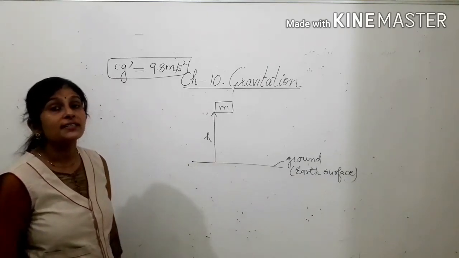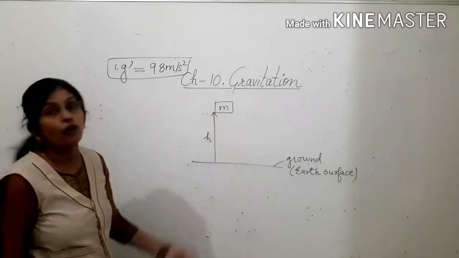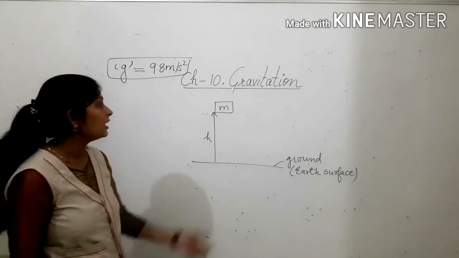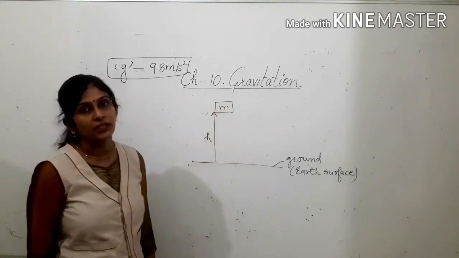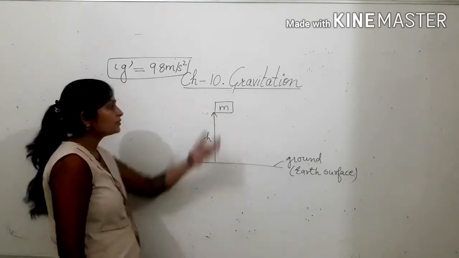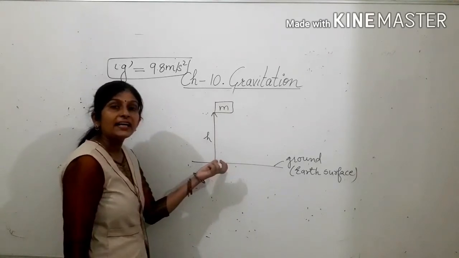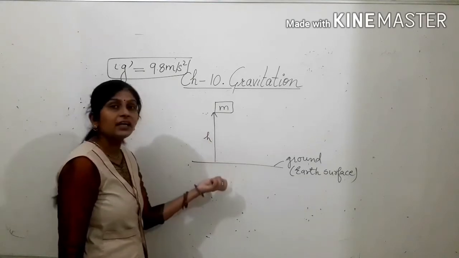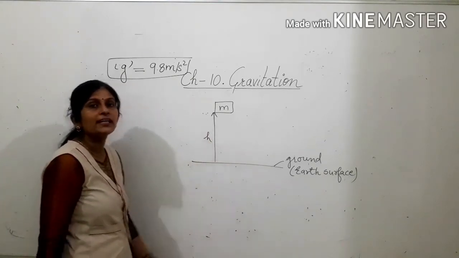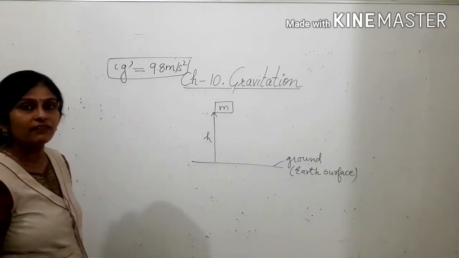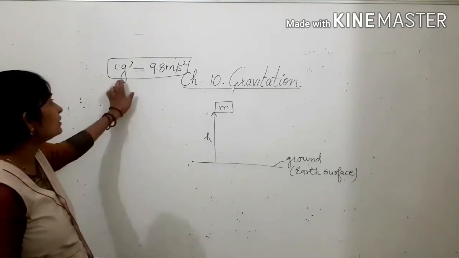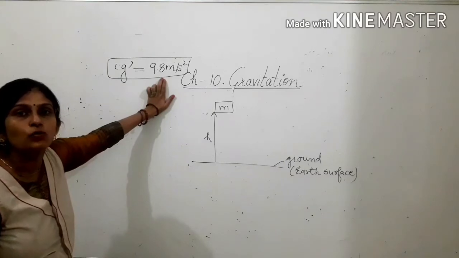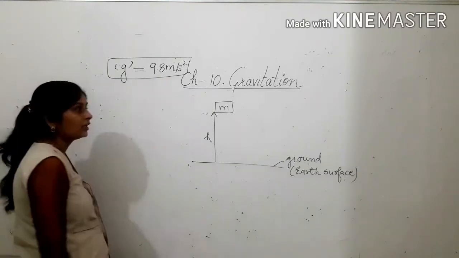So this object is said to be in free fall, or is also known as a freely falling object. Now, this freely falling object experiences an acceleration produced by the gravitational force of Earth, known as acceleration due to gravity, denoted with small g, which has a constant value of 9.8 meter per second square on Earth.